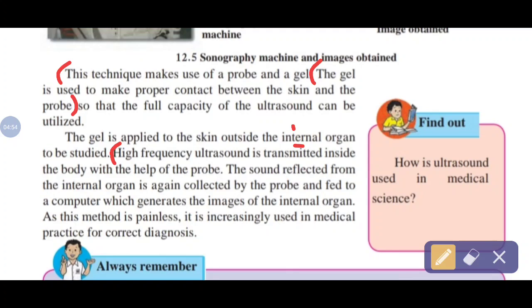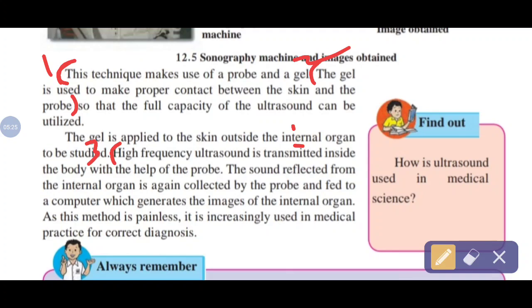Whichever internal organ is to be studied, on that part gel is applied, and with the help of the sonography machine, that is the probe, the ultrasound in that instrument is used and the picture is taken with the help of a computer. So 2 points are given in the first paragraph. This is the first point, the second point is here.